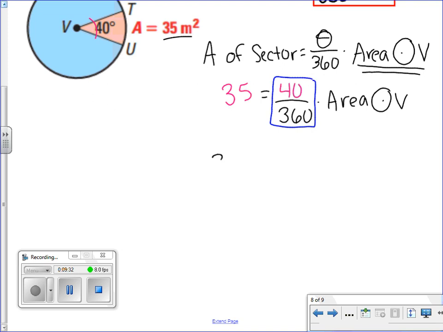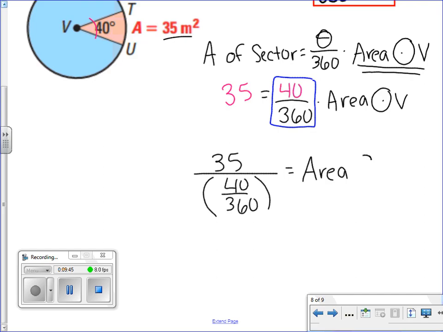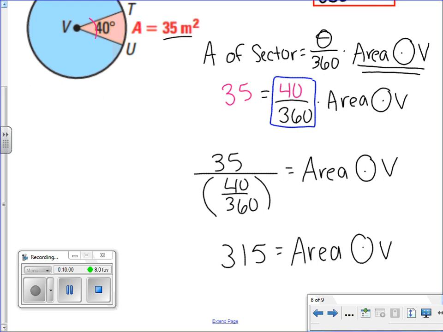So 35 divided by the entire quantity, 40 divided by 360, is going to give us the area of circle V. And when I plug that into the calculator, I get 315 is equal to the area of circle V. That is my answer.